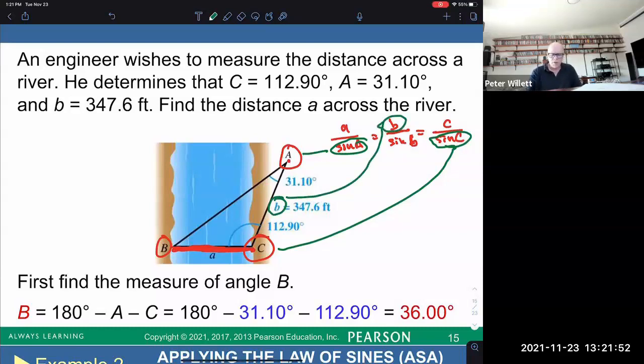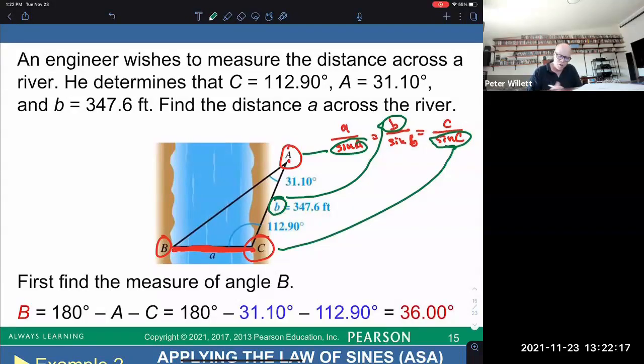And we are given side length B. When we're trying to use the law of sines, we want to grab two of these fractions and know 3 out of the 4 parts in them. But our problem here is that if I grab any 2 fractions, like the A and B fractions, or the B and C fractions, or the A and C fractions, I only know 2 of the 4 parts. So we need some more information.